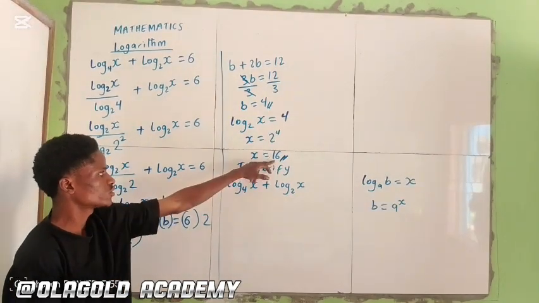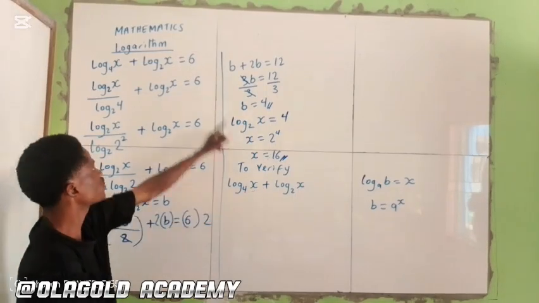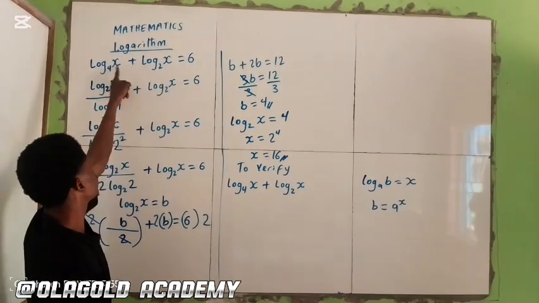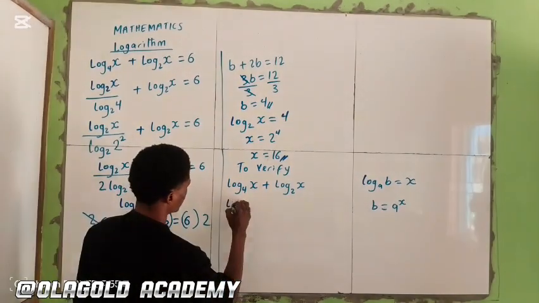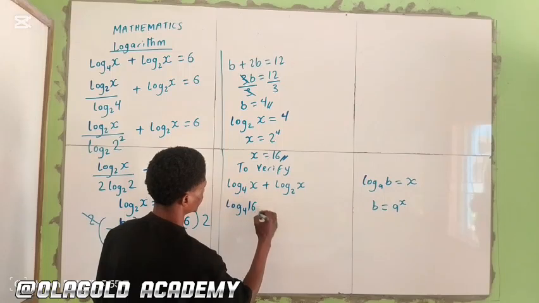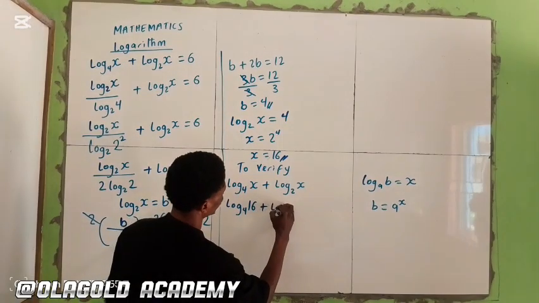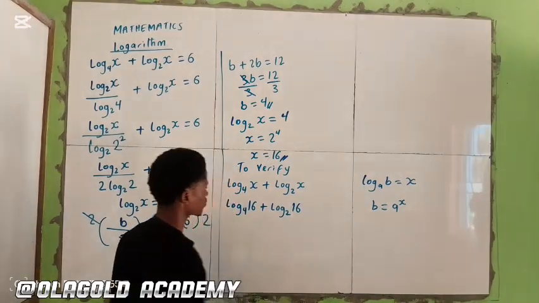My x is 16, so let me bring my x as 16 and see if I really get 6 when I add these two. Alright, now let's go with that. My log 4, my x is now 16, plus log 2, my x is now 16.